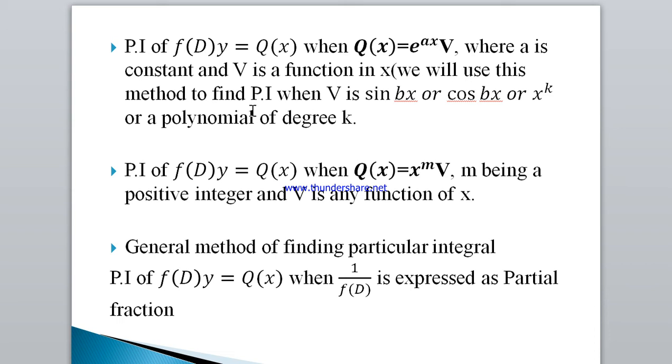We will use this method to find the particular integral when v is sin bx or cos bx or x power k or a polynomial of degree k. It means in place of v, we have sin, cos, x power k or a polynomial in x, then we can use this method.